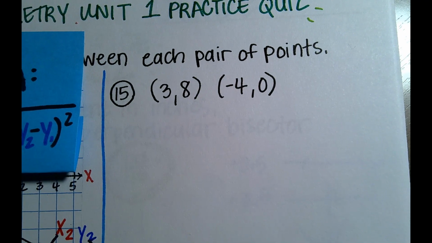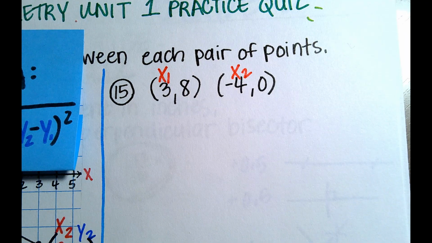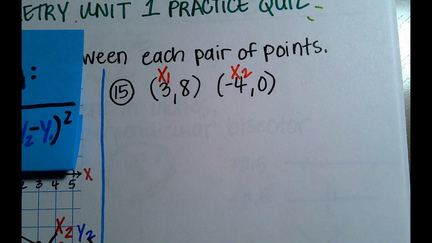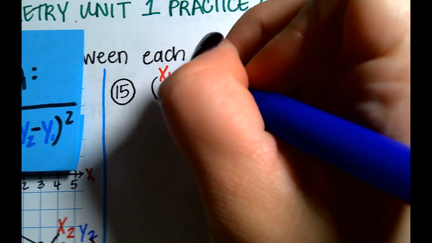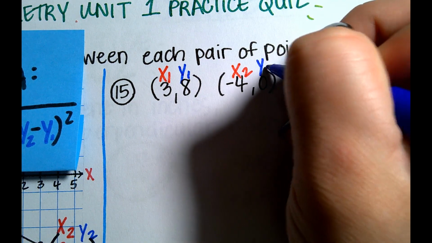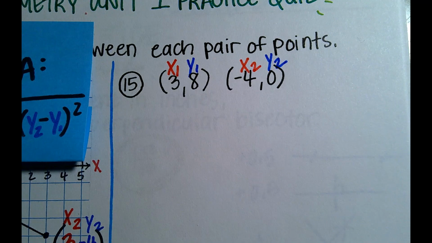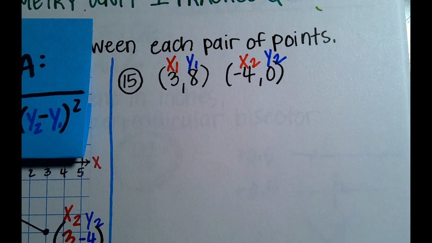Same thing, you're going to find the distance. Label your points first. X1, Y1, X2, Y2. And then we're just plugging into the formula.